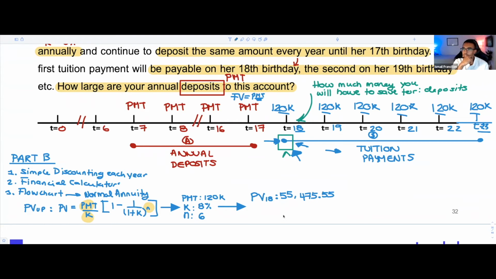Now let me just make sure that everything's correct. And you guys put 6 as your N, just to be sure? So I may have to review this question now. I don't know if that's actually accurate.